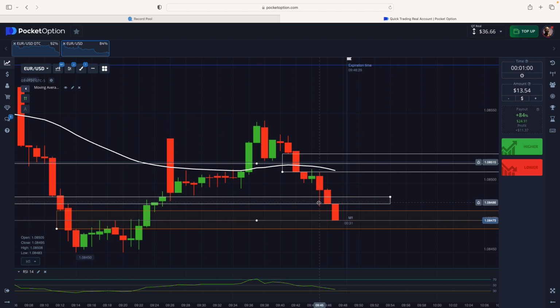So once this wick broke into this fair value gap and the consequent encroachment, excuse me, this next candle clearly came down and totally broke it. So this one's gonna break it too. Gotta keep your eye out for stuff like that.